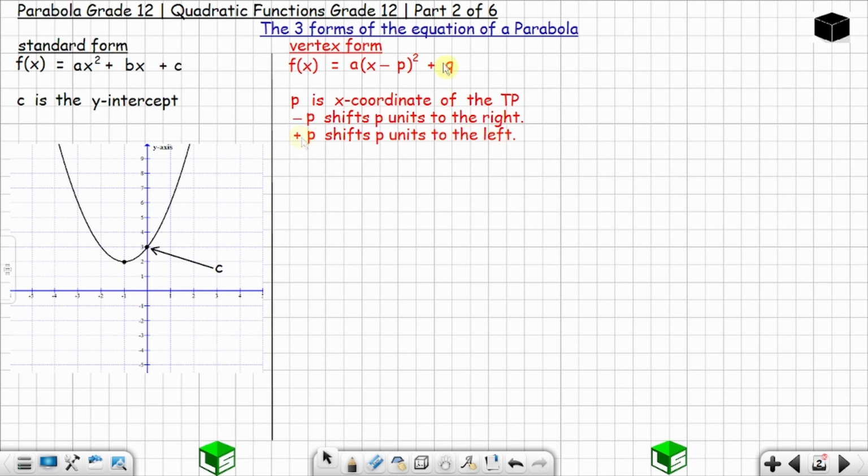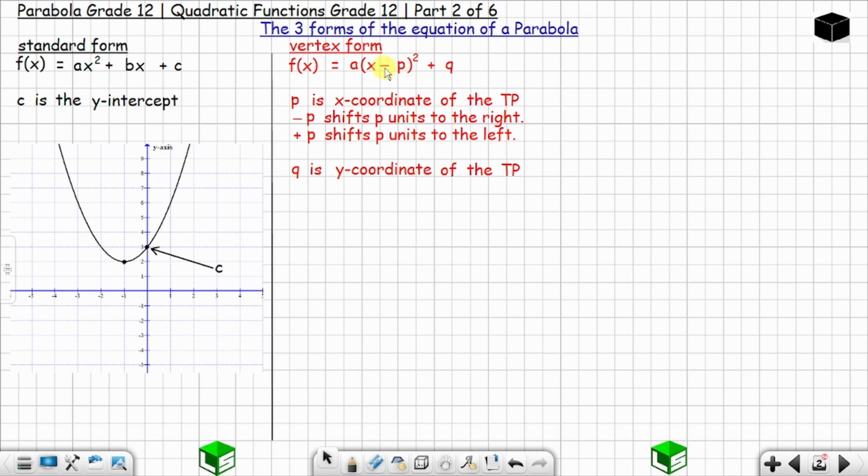What is the q value telling you? The q value is the y coordinate of the turning point. So when you have this vertex form, this is the x coordinate of the turning point and this is the y coordinate. But remember, when you take it out of the bracket, you have to change the sign.